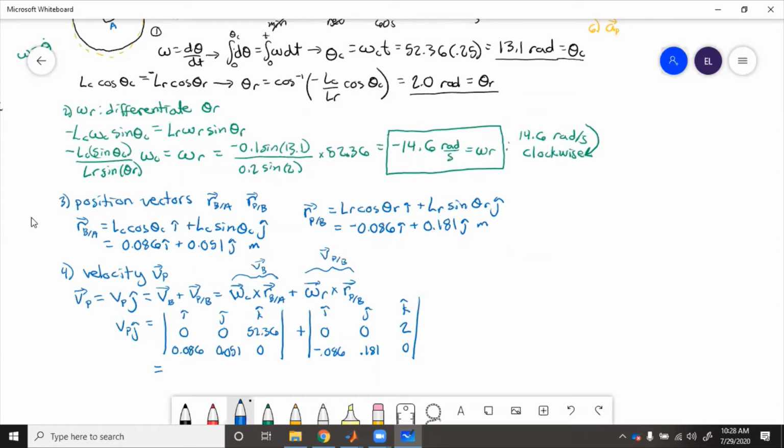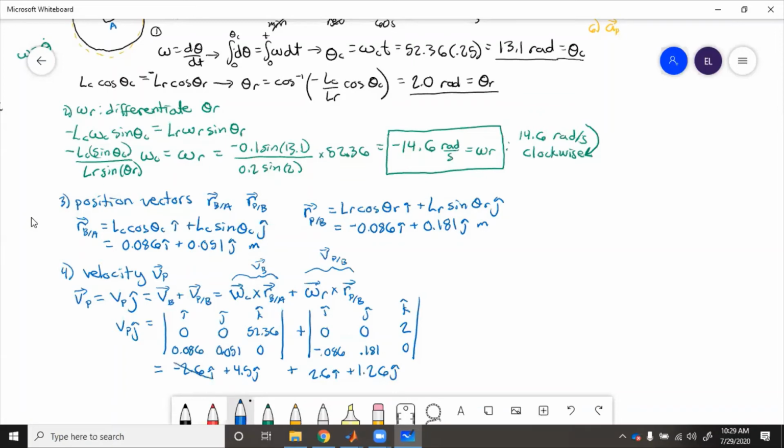So then this cross product, we do that, it comes out to be, for this one, we'll get negative 2.6 I plus 4.5 J, and then plus over here, we get 2.6 I plus 1.26 J.